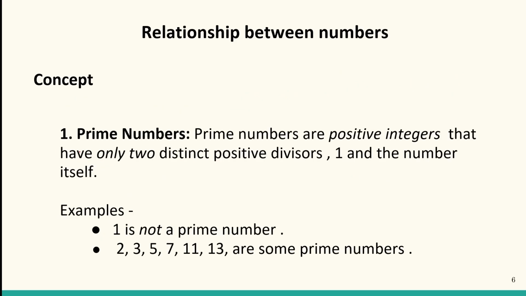So the first concept is prime numbers. What are they? Prime numbers are basically positive integers that have only two distinct positive divisors, that is 1 and the number itself. So if x is a prime number, then its property is that only 1 divides x, that is, 1 divides x and x divides x.